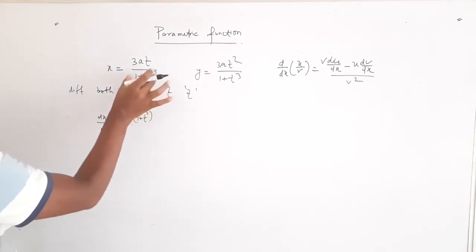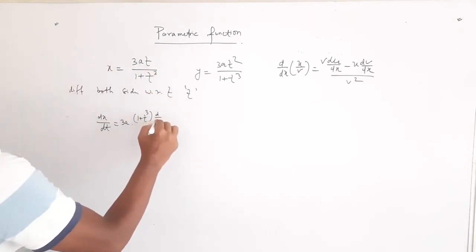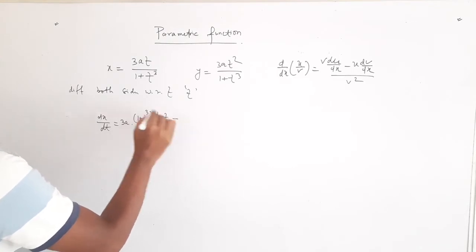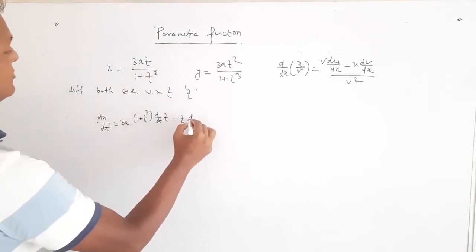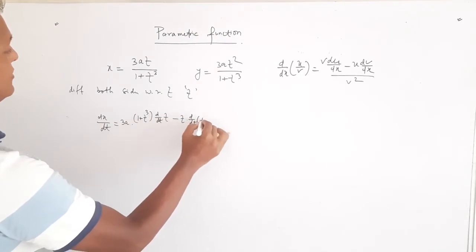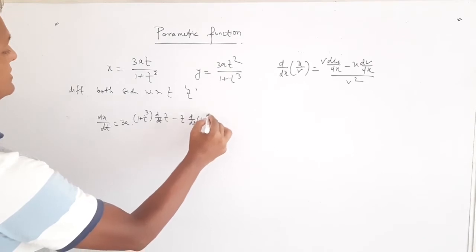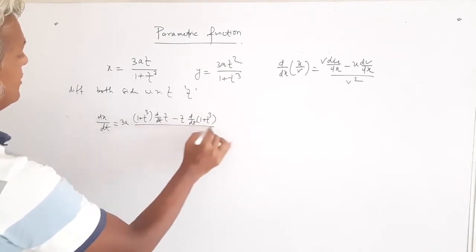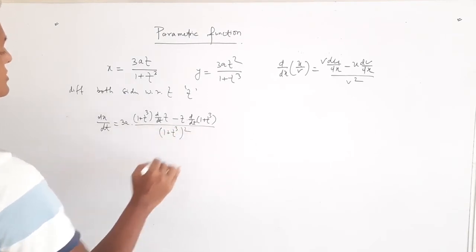This is v, so leave it as it is. Then you find the differentiation of the numerator, that is d by dt of t, minus, leave the numerator as it is. Then you find the differentiation of the denominator, d by dt of 1 plus t cube, upon the denominator square, that is 1 plus t cube whole square.